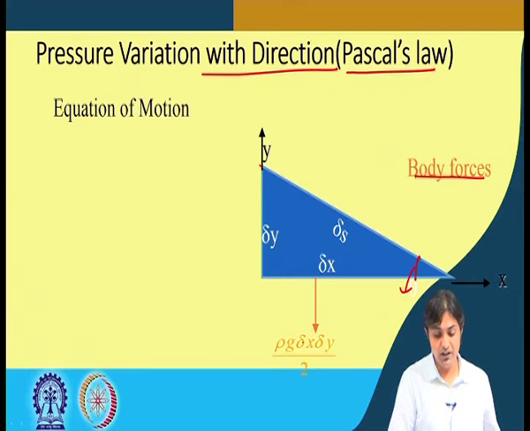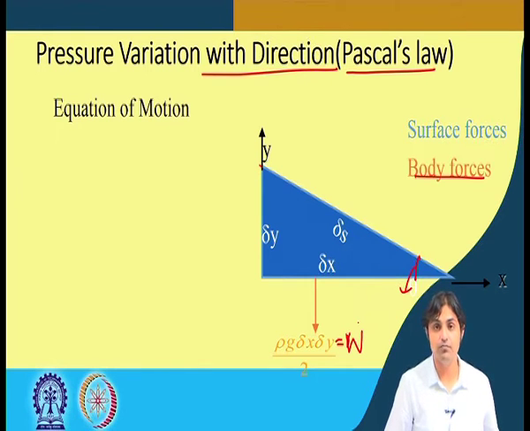So assuming in z direction we have a unit length, the area of this triangle is half into delta x into delta y, multiplied by 1 will give us volume. So the weight is rho into g into volume. Okay, so this is the weight of the element.